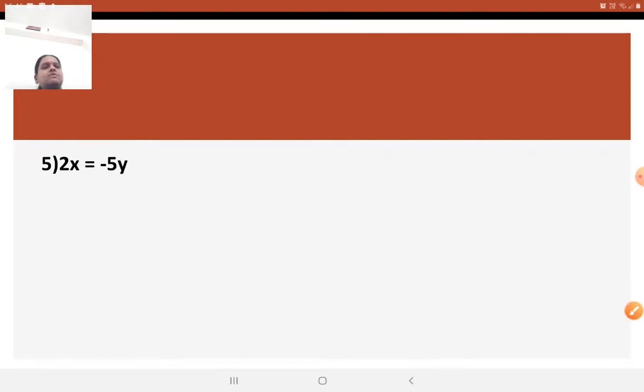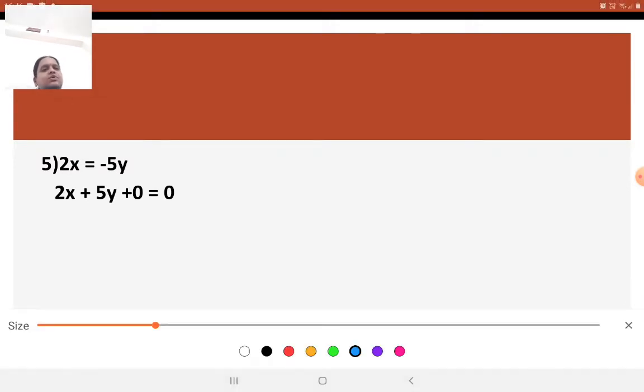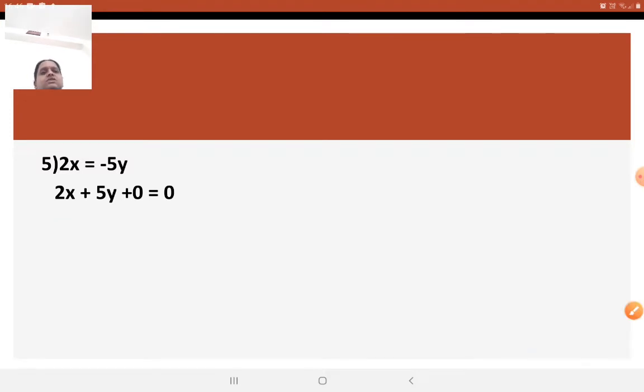The next step is 2x plus 5y plus 0 equal to 0. This 0 is not compulsory, but while writing your c value you need it, so it is better to write it in standard form. So your standard form of the equation will be 2x plus 5y plus 0 equal to 0.